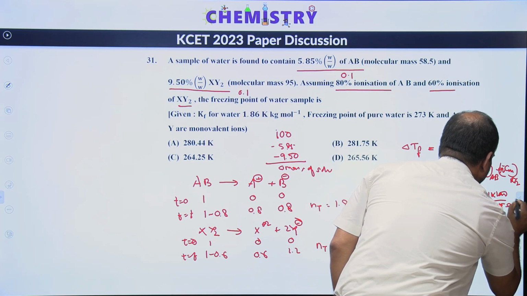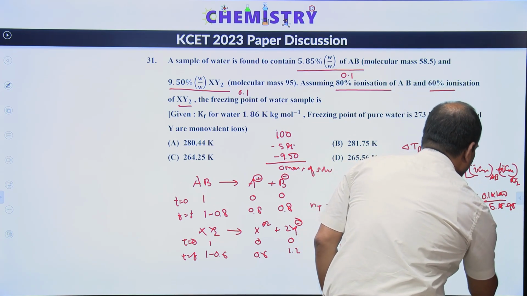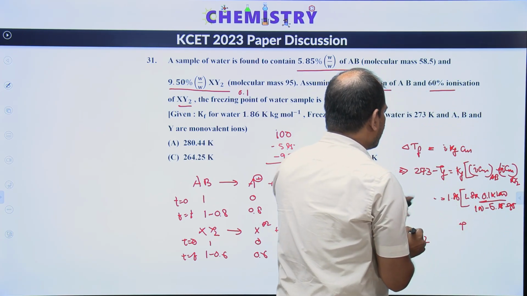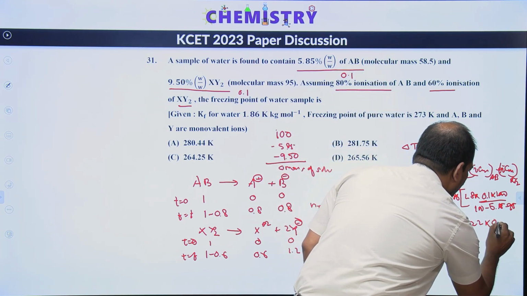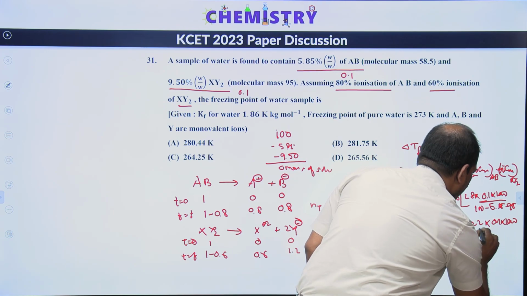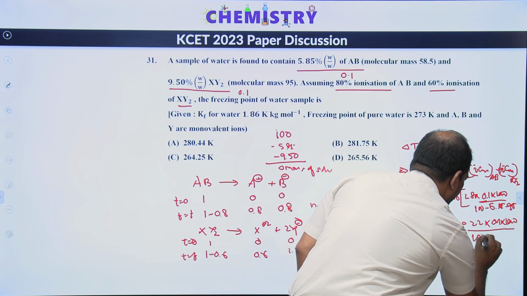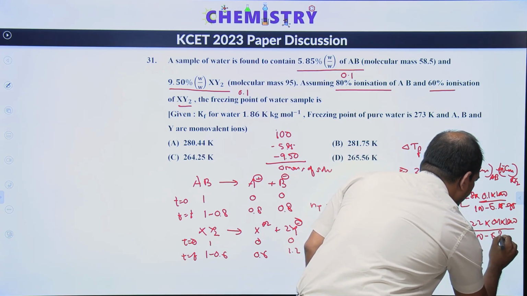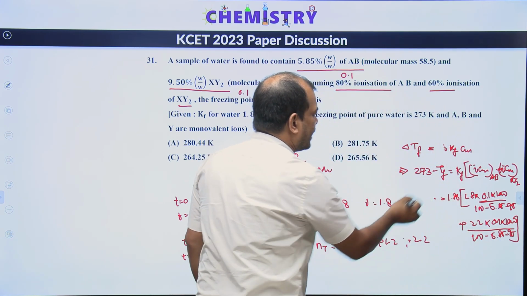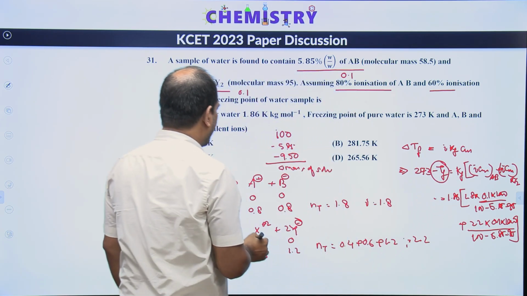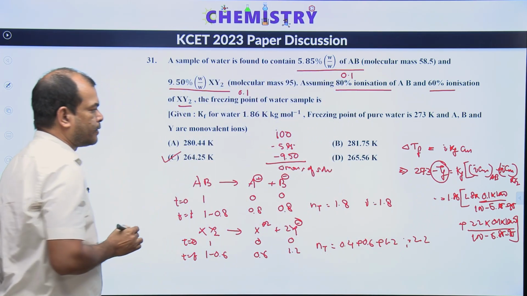That is for one part. Plus the next solute, whose Van 't Hoff factor is 2.2: 2.2 into 0.1 into 1000 divided by 100 minus 5.85 minus 9.5. That will give you the Tf value, and this answer will be C.